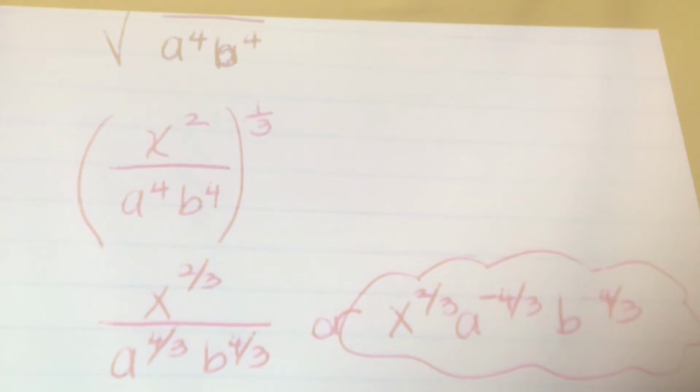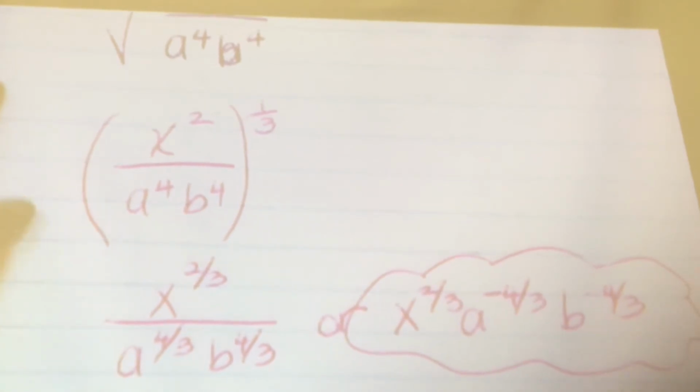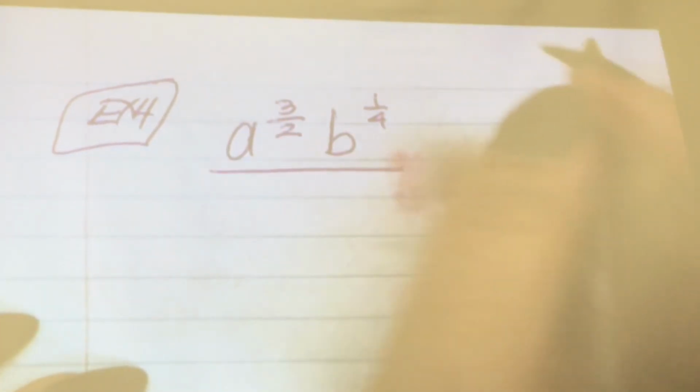Questions on that? All right, example 4, and then we're going to go ahead and do a doyo and then start tonight's homework. If I give it to you in the opposite direction, let's say I give you a to the 3/2, b to the 1/4 over c to the 7/4.